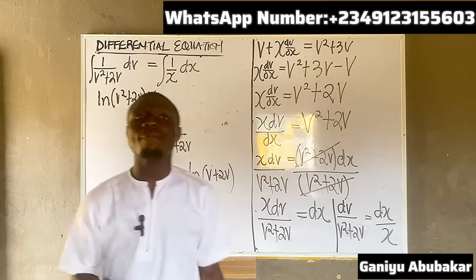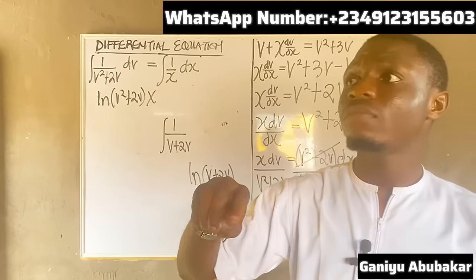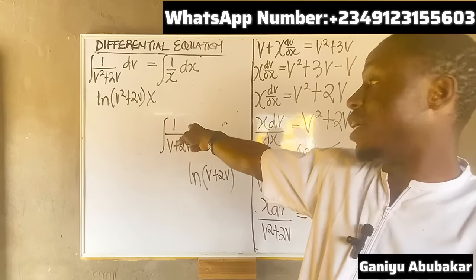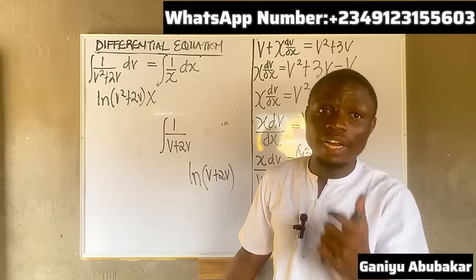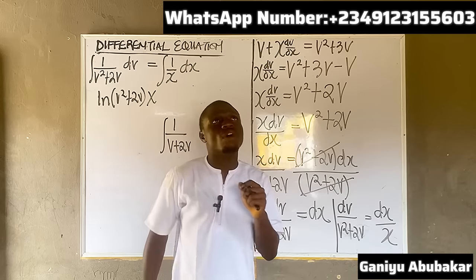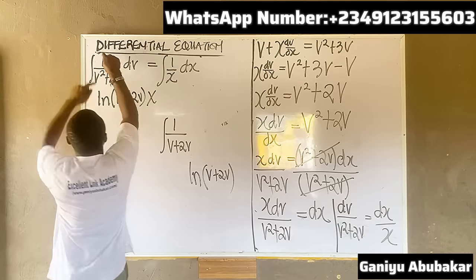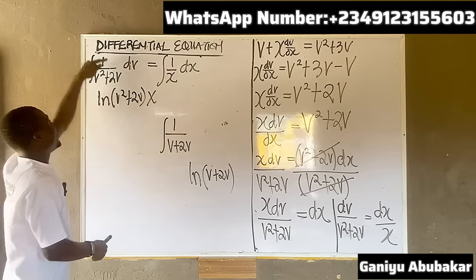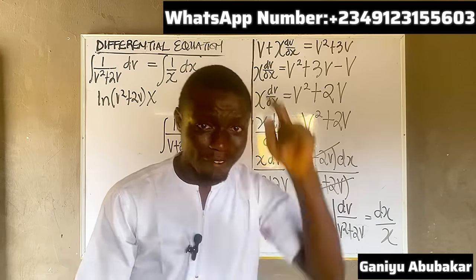In other words, I will apply what we call partial fractions here. How do I know about partial fractions? Go and watch a division video in my playlist and learn how it works. Now, there are two conditions to watch out for when it comes to partial fractions. If the power of the numerator and denominator are the same, let's say the power up here is 3 and the power here is 3, I'll use partial fractions. That's the first case.